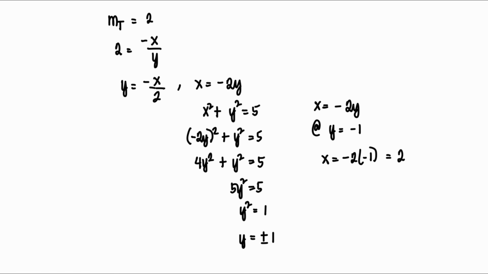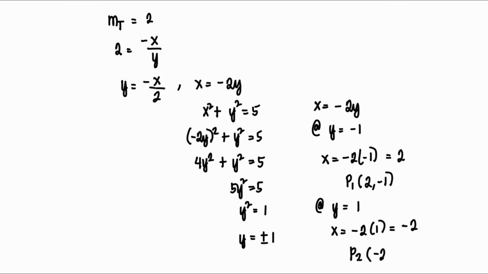So we have one point right here, P sub 1, is equal to (2, negative 1). But if y is equal to positive 1, x is equal to negative 2 times 1, that is equal to negative 2. So we have another point here, P sub 2, which is equal to (negative 2, 1).